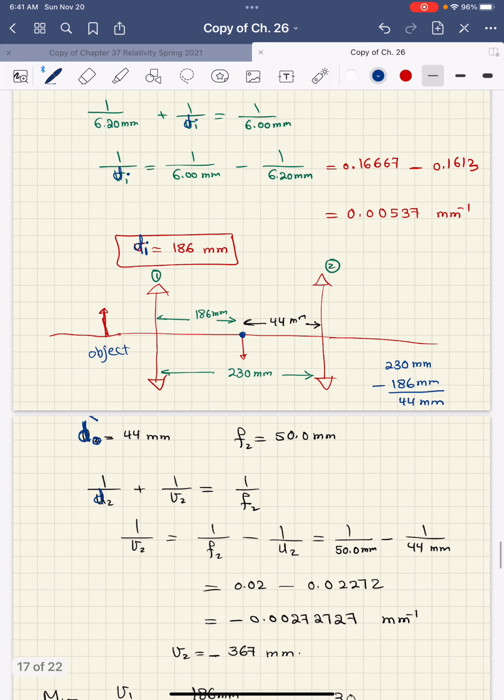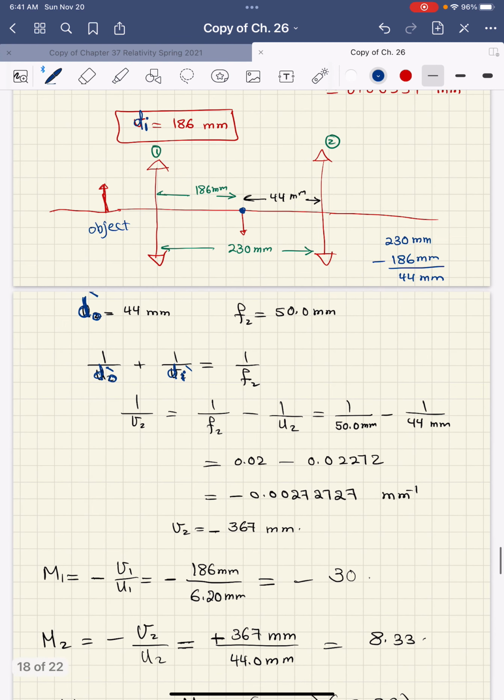And then here, 1 over the object prime plus 1 over di prime equals 1 over f2, and from that I will be able to find 1 over di prime as 1 over f2 minus 1 over object prime, and from that I will say that di prime is going to be negative 36 centimeters, and that is from the second lens.